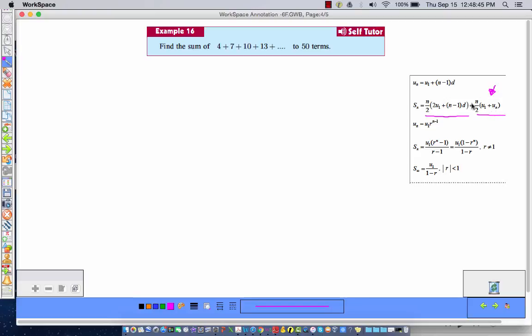I think I'll go ahead and use this one, because I could find the last term, but I'm going to be doing most of that anyway. So S sub n is equal to n over 2 times 2u sub 1 plus n minus 1 times the common difference d.